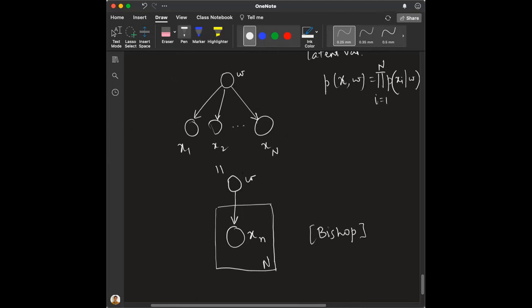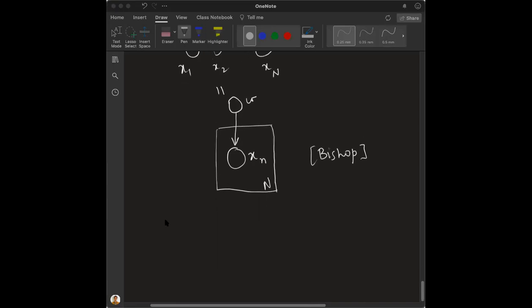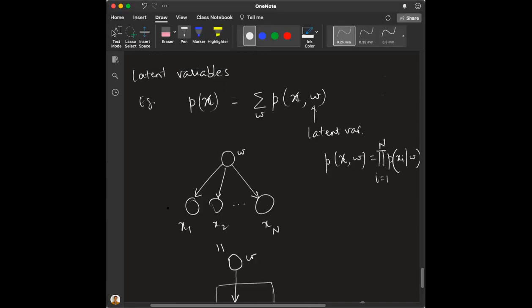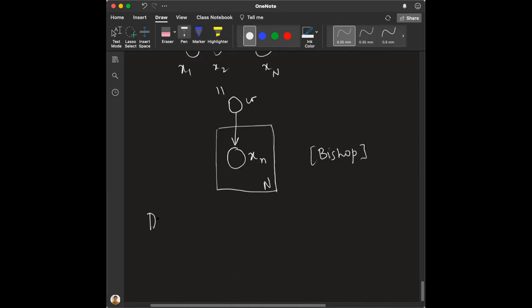Okay, now we can have deterministic parameters.